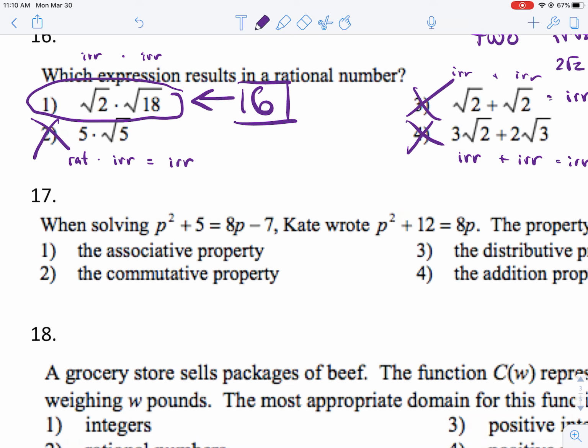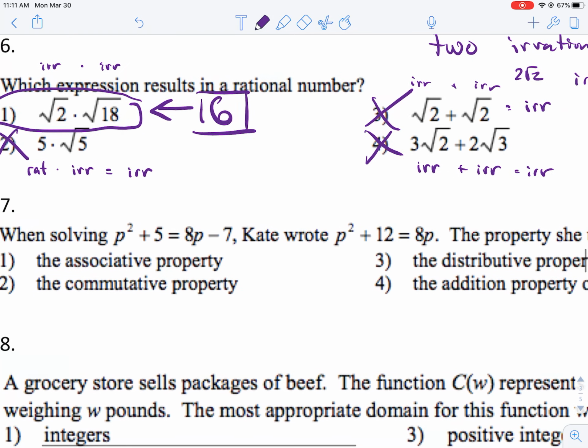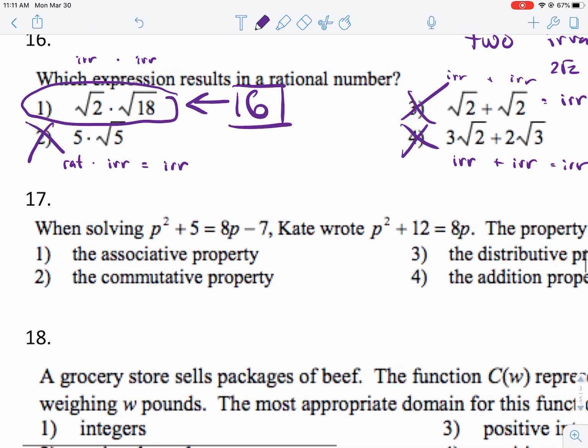So this is an irrational number, and this is also an irrational number. But we have to remember that sometimes when you multiply two irrational numbers, that doesn't necessarily mean you get an irrational number. In this case, when we multiply these two numbers, we get a rational number, 6.